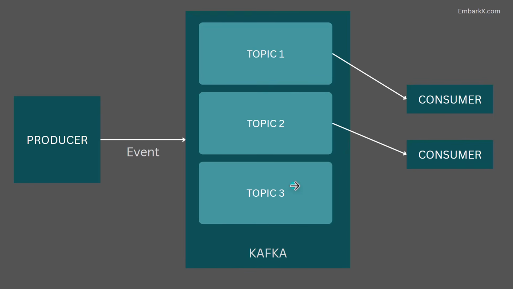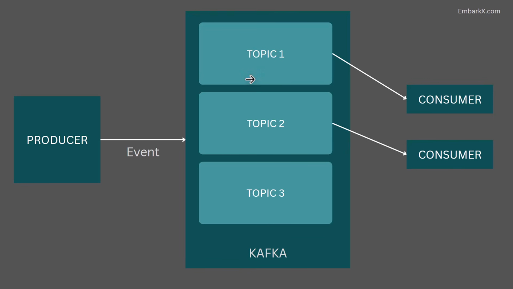Now what happens is, at times, within a topic there are tons of messages. This segregation at the topic level was done for better bifurcation and understanding of messages. But within a topic, it can also happen that there are tons of messages. For example, if you're running a Black Friday sale and you have an order related topic, and let's say 1 million orders are being produced in a single day, this topic is going to be flooded with lots of messages, or lots of events.